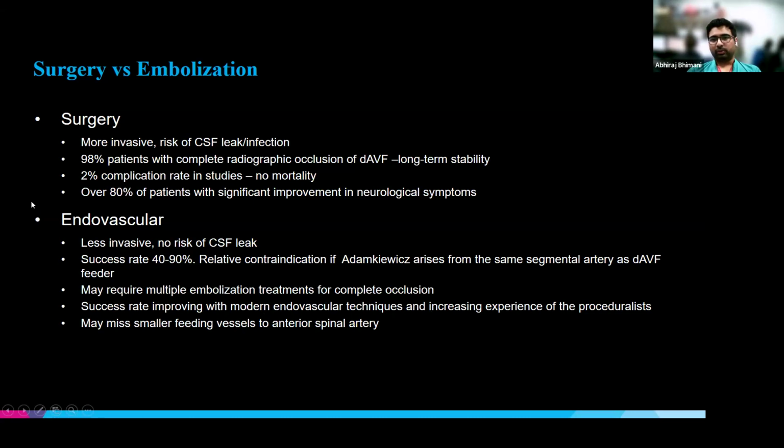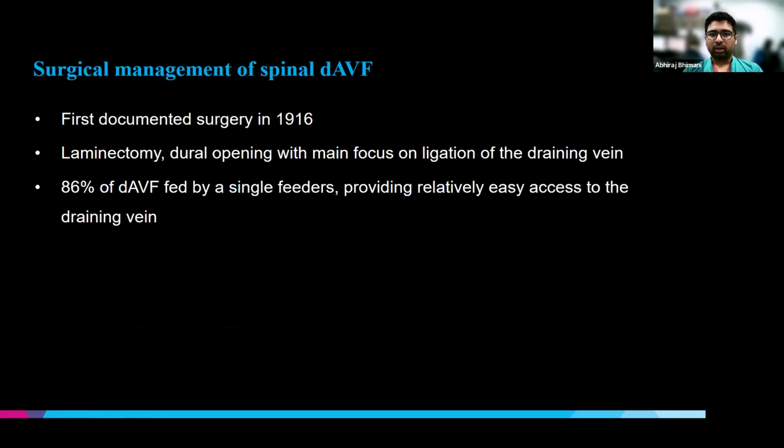A lot of the endovascular patients also may require multiple embolization treatments to achieve a complete occlusion, whereas most surgical patients, especially with single feeders, would not need to return to the operating room, provided they do have the AV fistula localized correctly with angiogram. And this is a theoretical risk, but an angiogram may miss smaller feeding vessels to the anterior spinal artery.